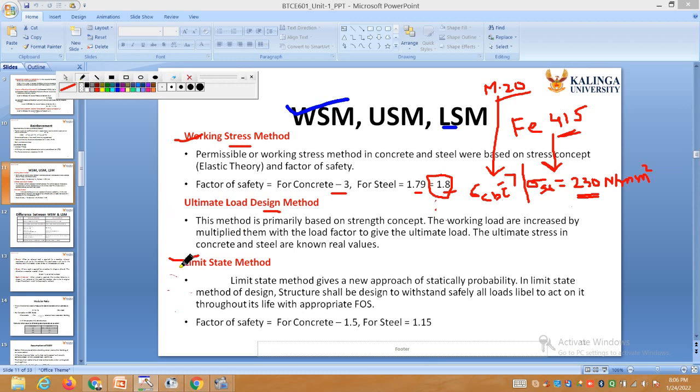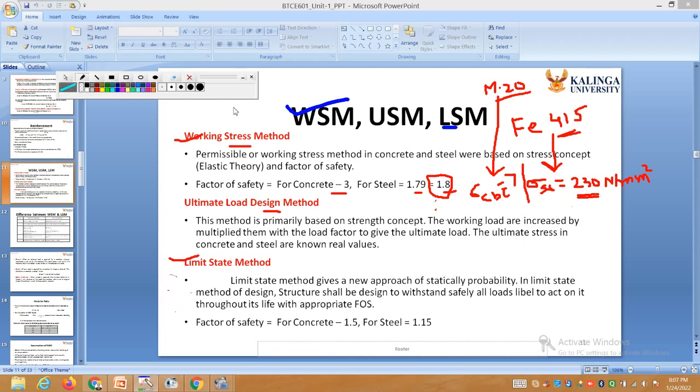Now if we talk about this popular method, the limit state method of design, which is generally adopted nowadays, in the limit state method the strength of the material is taken as it is.